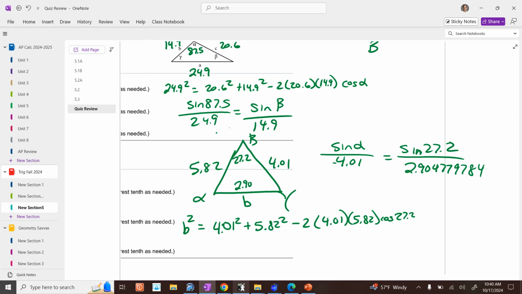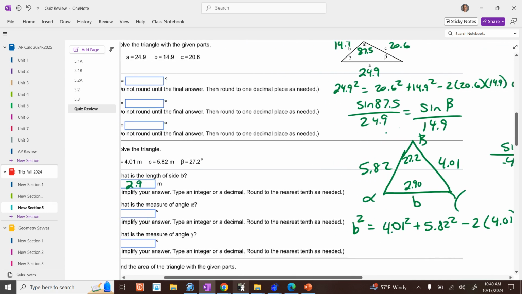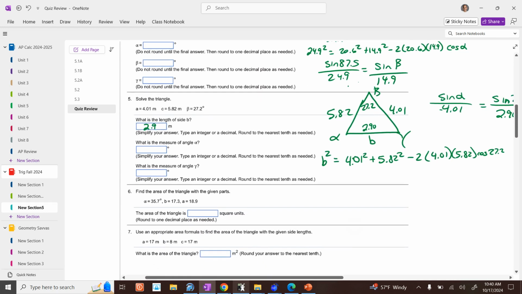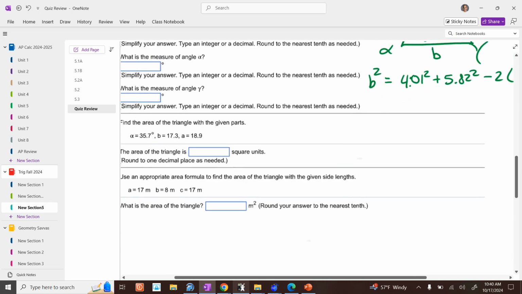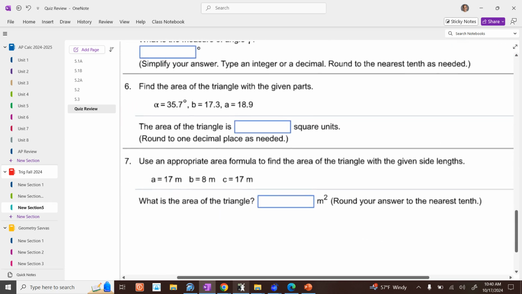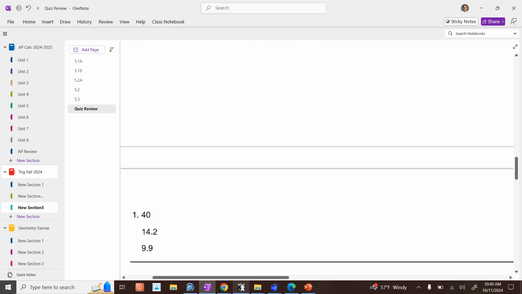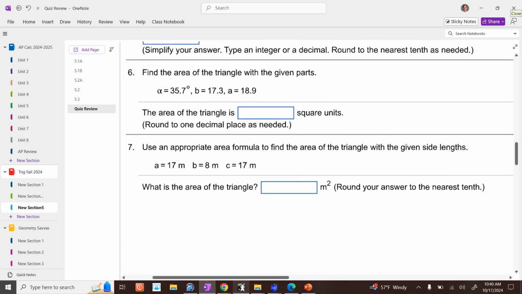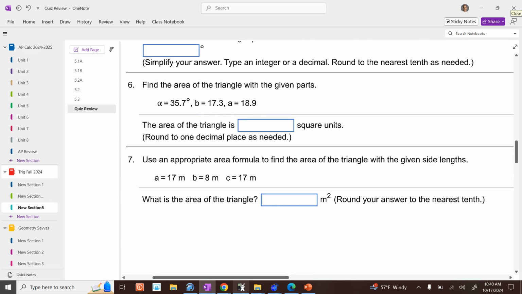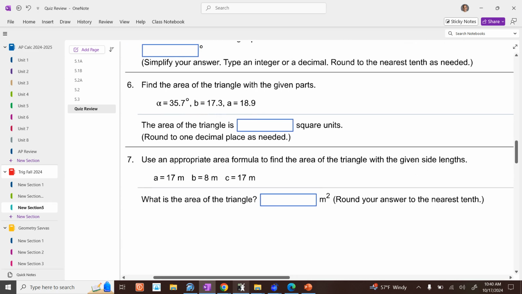If you just go 2.9, I might have a rounding issue. It might throw off my answer and I might get something wrong. And then you'll have to go crying to Mr. Bierschbach saying, I put in the right numbers. Well, no, you rounded. So that's not right numbers. I'll take a point off, but I might give you a little points back.